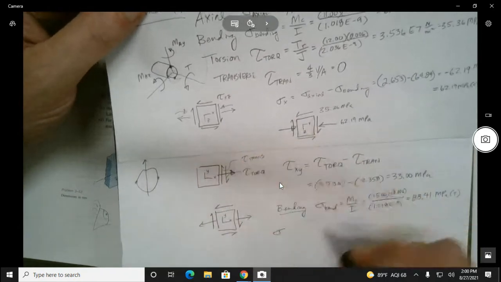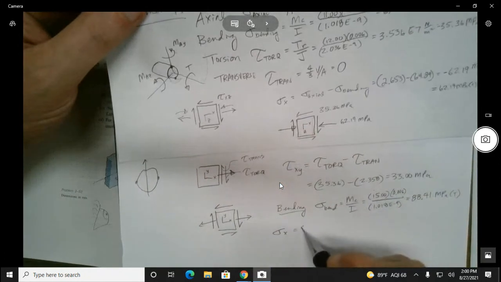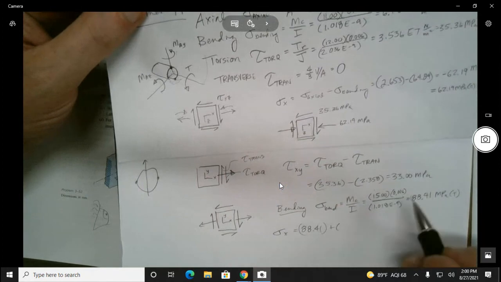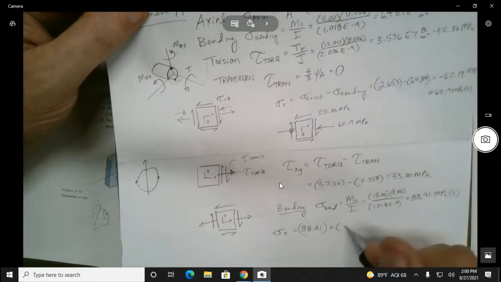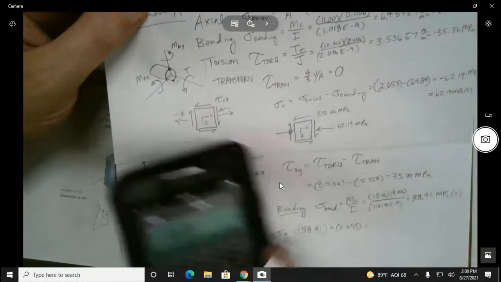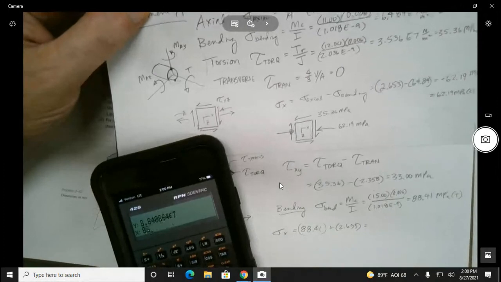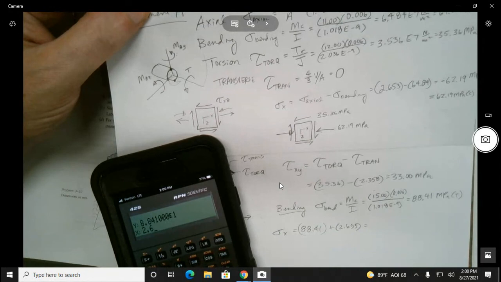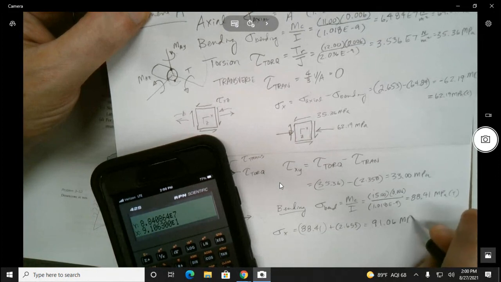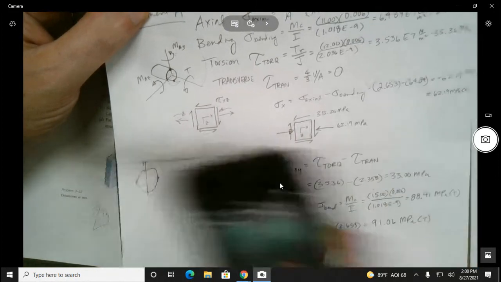So over there, sigma x is going to be that 88.41 plus the, where we have it over 4, 2.653. 88.41, 2.653 plus, and we get 91.06 megapascals in tension.